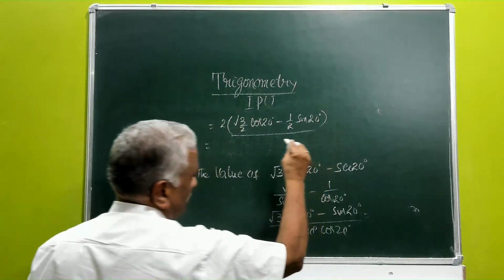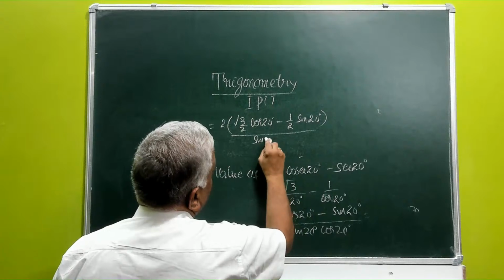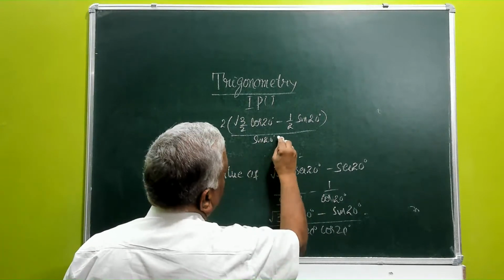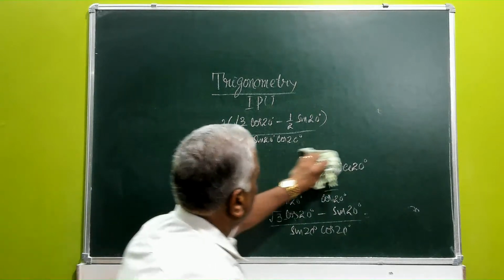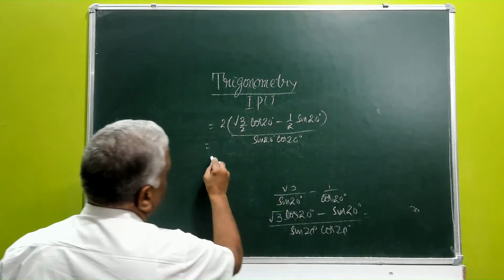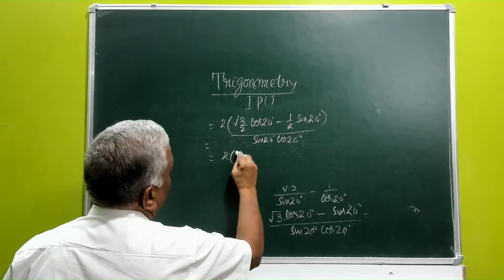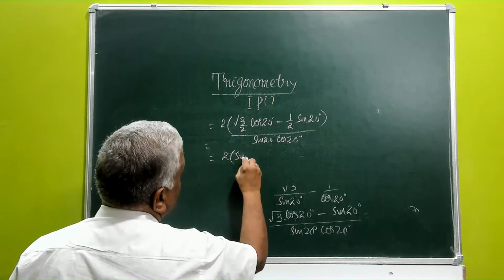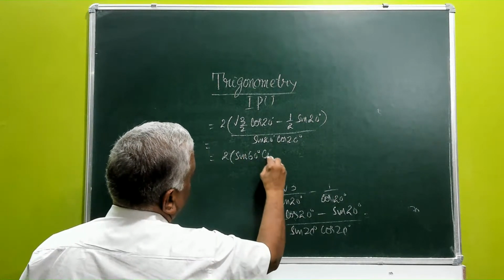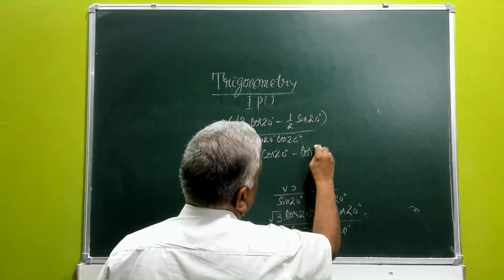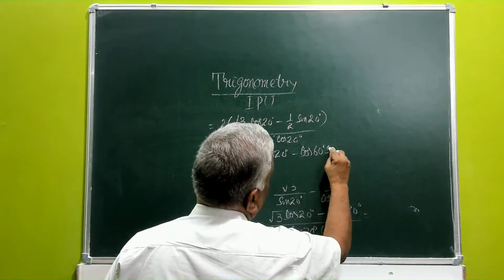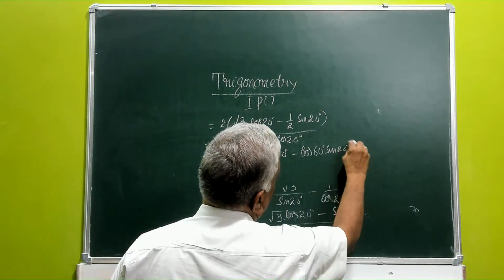Divided by sin 20 degrees into cos 20 degrees. Now we write this as 2 into root 3 by 2 is sin 60 degrees, cos 20 degrees. Half is written as cos 60 degrees, sin 20 degrees.